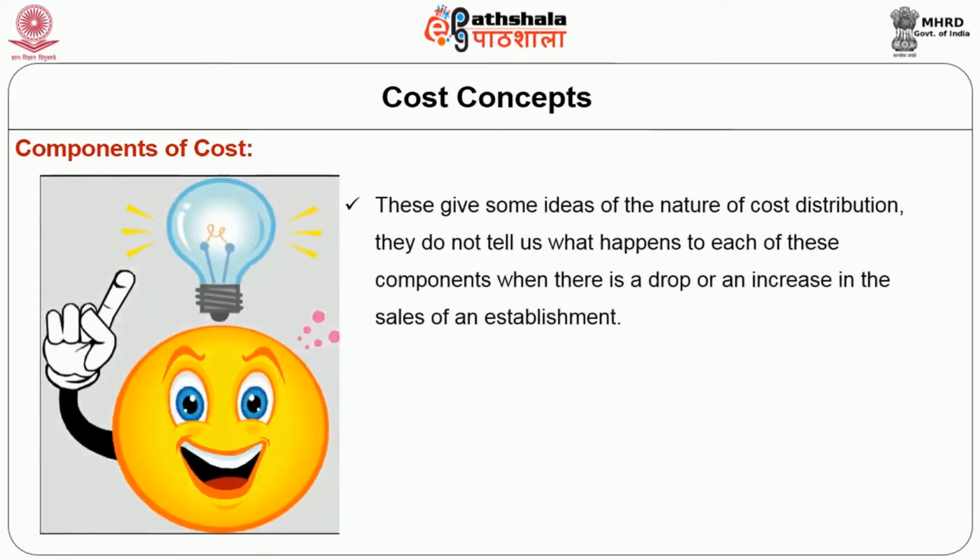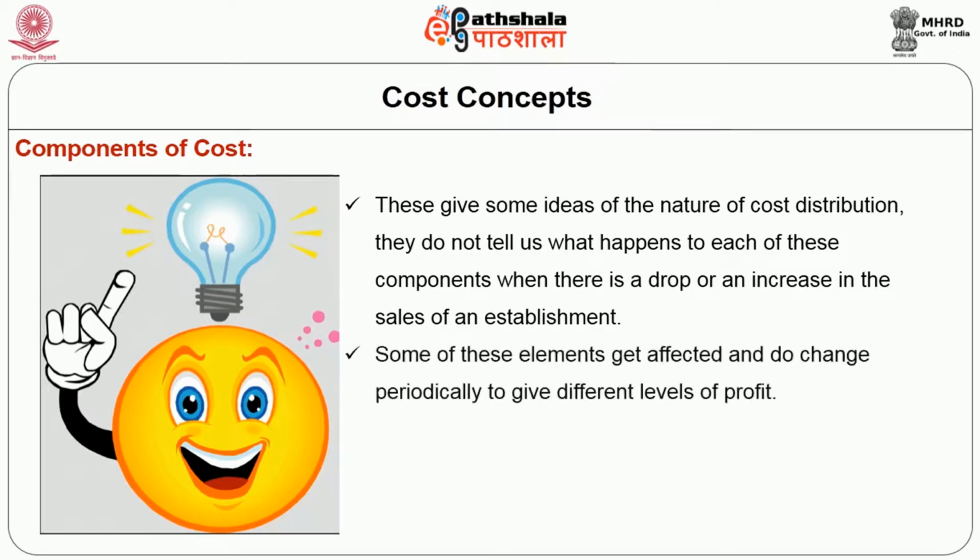These three categories of cost are known as the components of cost. While these give some ideas of the nature of cost distribution, they do not tell us what happens to each of these components when there is a drop or an increase in the sales of an establishment.